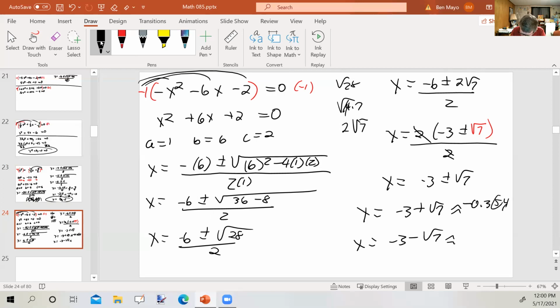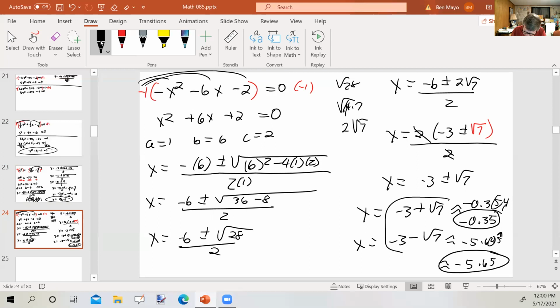The 4 is going to round down, so -0.35, and then minus, -5.645. The 4 is the hundredth place. The 5 would round up, so we get -5.65. So here are the exact answers and the decimal equivalents. Okay.